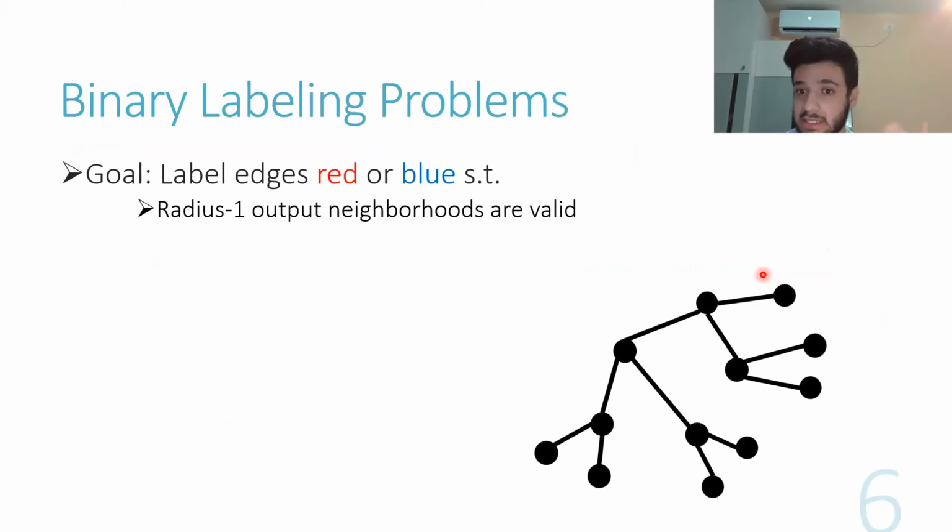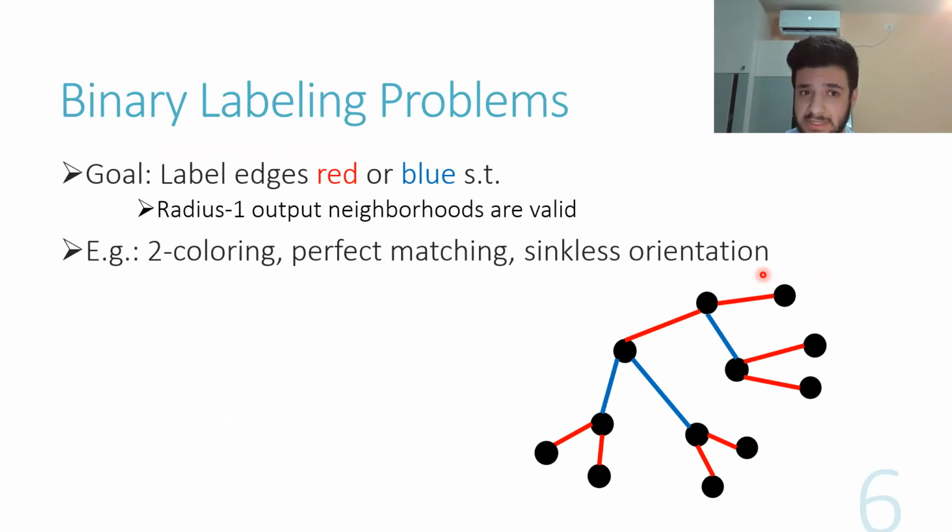For example, in this tree here, this is some labeling of the edges by red or blue. Examples of such problems include two coloring, perfect matching, and sinkless orientation.